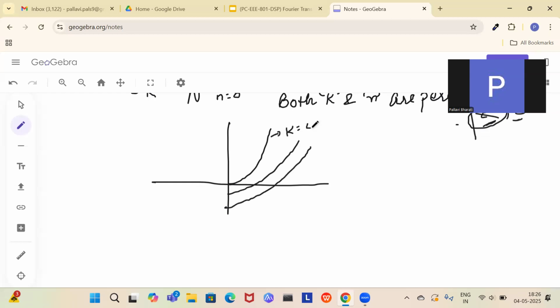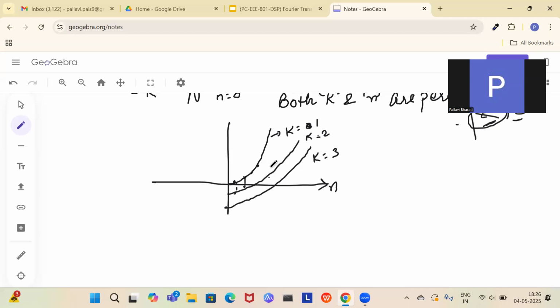Say this is k equals 1, this is k equals 2, this is for k equals 3. And these are the different time instants, so this is your n. This is for 1, this is for 2, and here also you will have 2, 3, 4. So this is the meaning of different complex exponentials and different time instants.